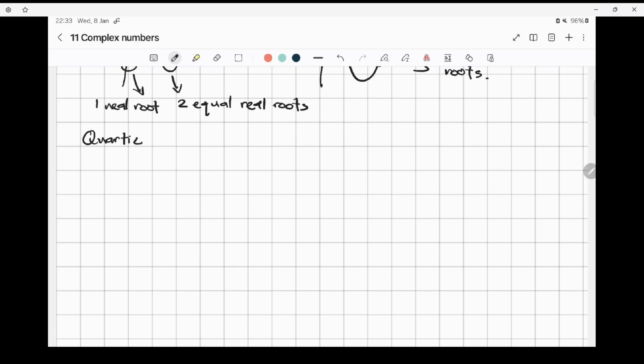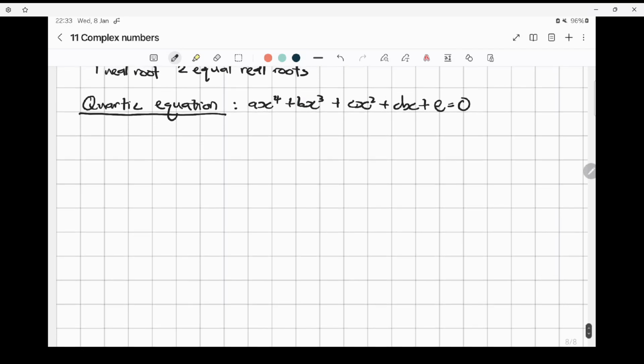quartic equation, which means that you have ax power 4, bx power 3, cx squared, dx, e equals to 0. So you can also look at it graphically speaking. Quartic equation basically looks like this.